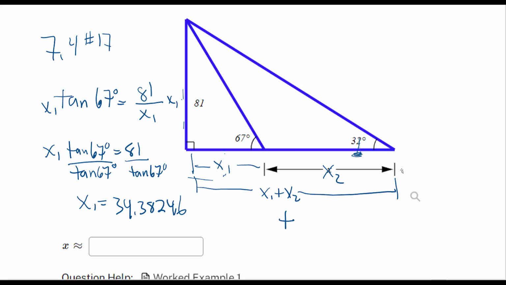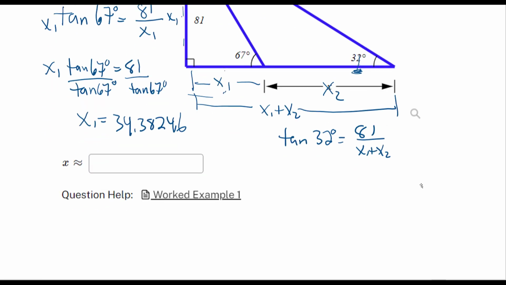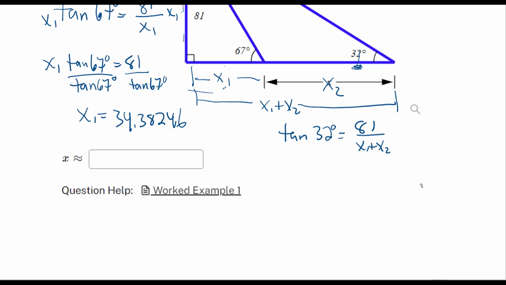And we can say tangent of 32 degrees is equal to 81 over the x1 plus x2. So x1 plus x2 times tangent of 32 equals 81. And then we can divide by that tangent of 32 degrees.